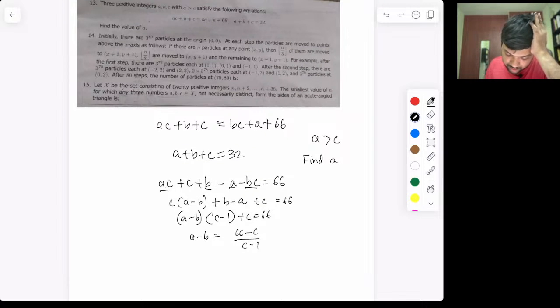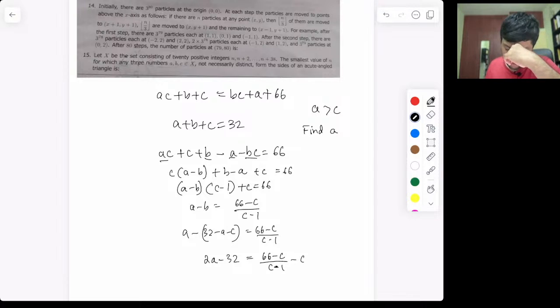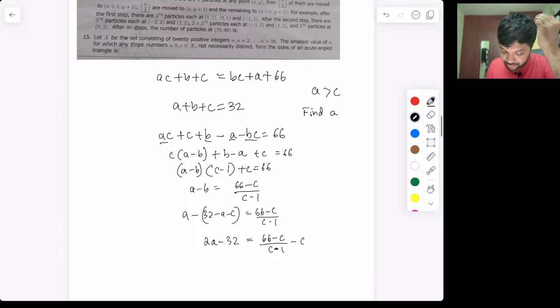And now b also can be written in terms of a and c, because b is 32 minus a minus c. So you can bring a to one side and put that constraint, and we should be done. So 2a is 32 plus c, you take plus c to the other side, 66 minus c by c minus 1 minus c, right?